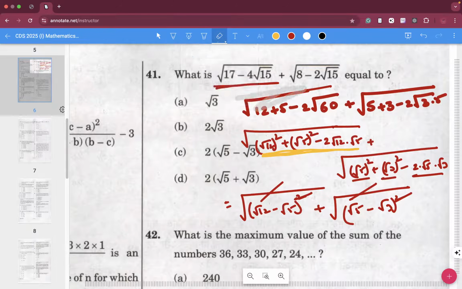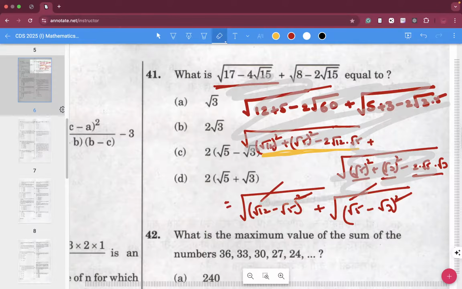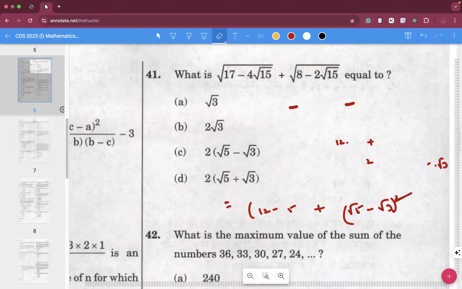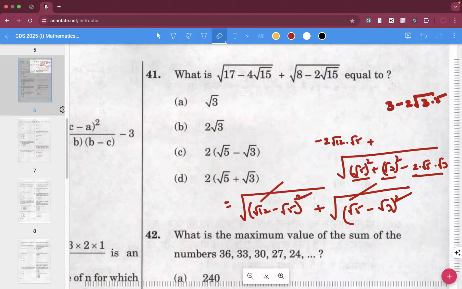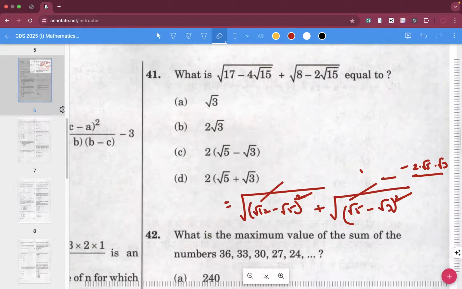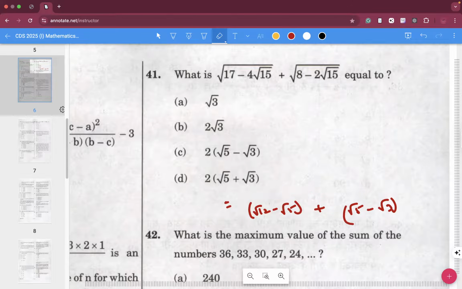Essentially, the root and the square both go away. Now if you solve for it, this is root 12 minus root 5 plus root 5 minus root 3. This is what you have.